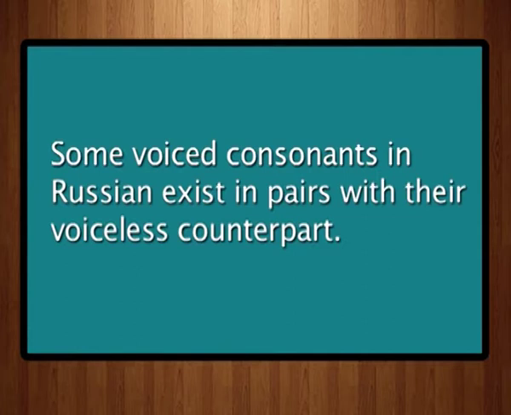Some voiced consonants in Russian exist in pairs with their voiceless counterparts. I will write them on the blackboard and you can pronounce them and notice which of them are voiced and which are voiceless.